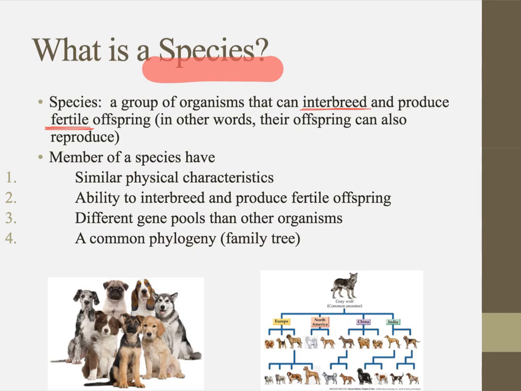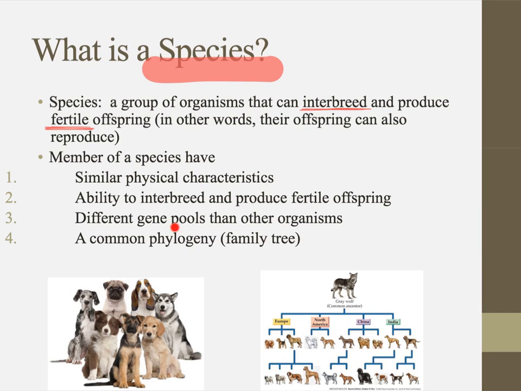Now, most of the time, members of the same species have similar physical characteristics. So all dogs have four legs, they have a tail, they have fur, they're super cute. They may not look exactly the same, so there may be some differences there. But again, if they're a member of the same species, which all dog breeds are, they can reproduce and make fertile offspring.